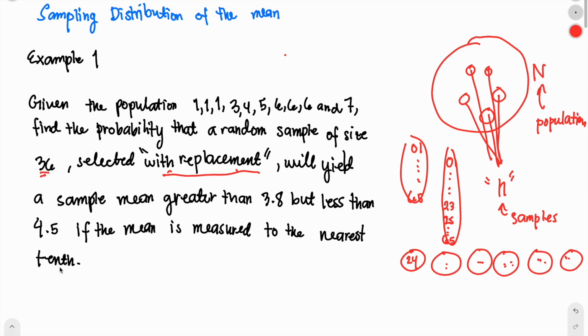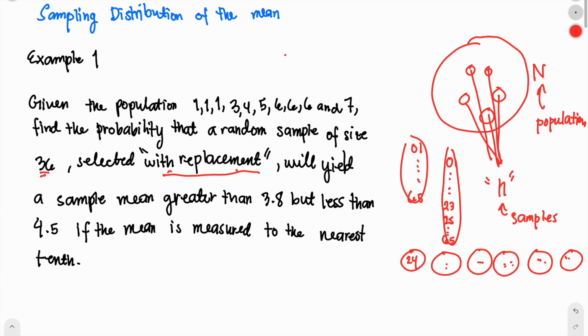So it's specified here that your average, or your mean, is measured to the nearest tenth. Okay?